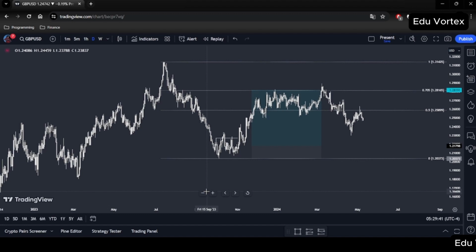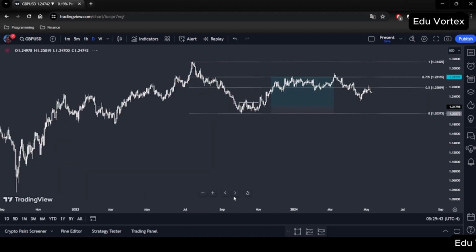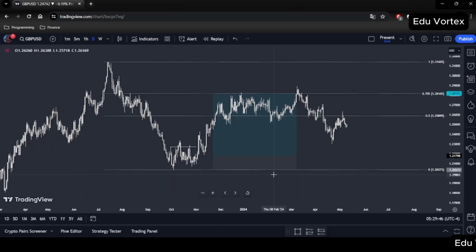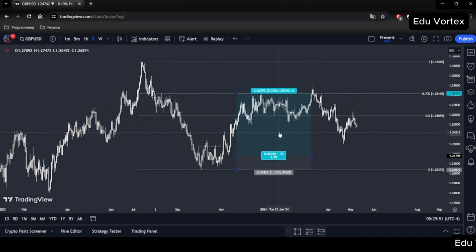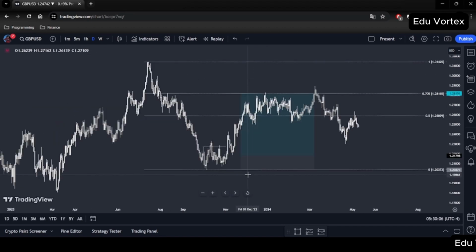There's your trade done. If you do 2-3 of these trades per year, and let's say you win an average of 4 risk reward, and you risk about 1% of your total equity, you could be doing about 10%, 12% of your money in a year, just swing trading. It's pretty good.